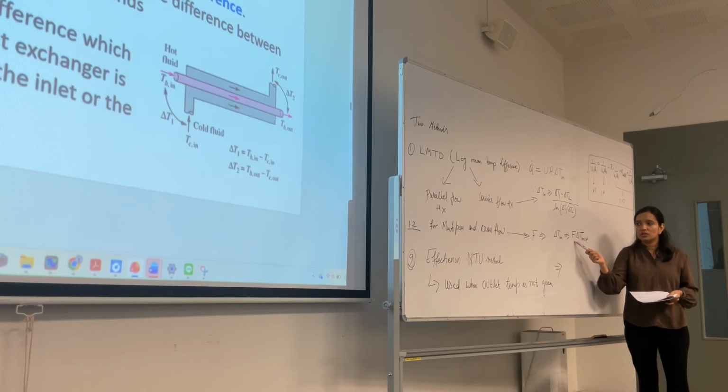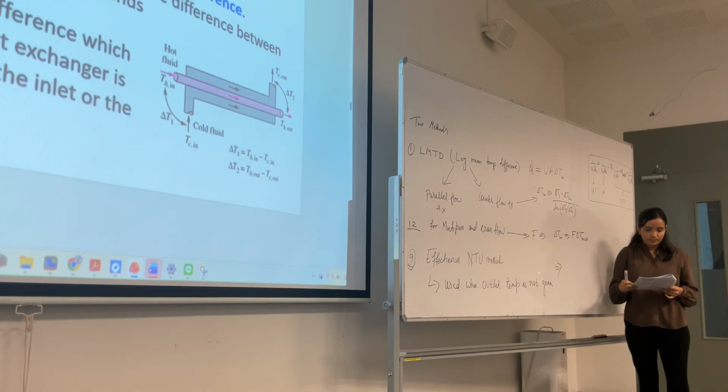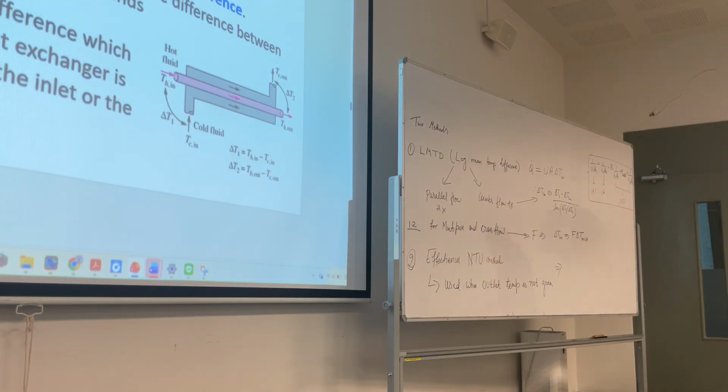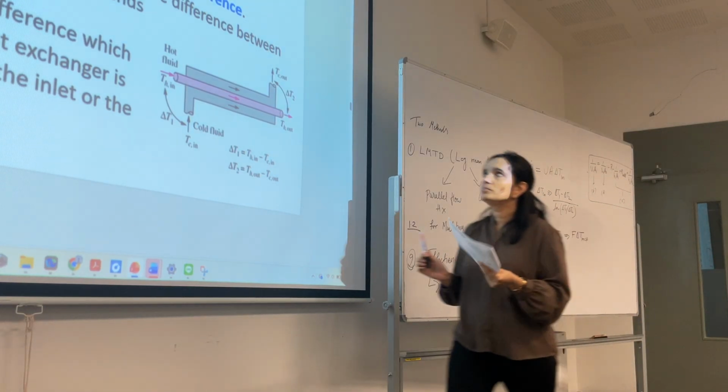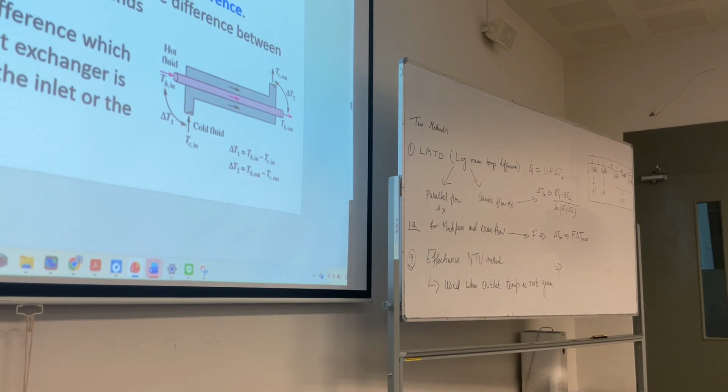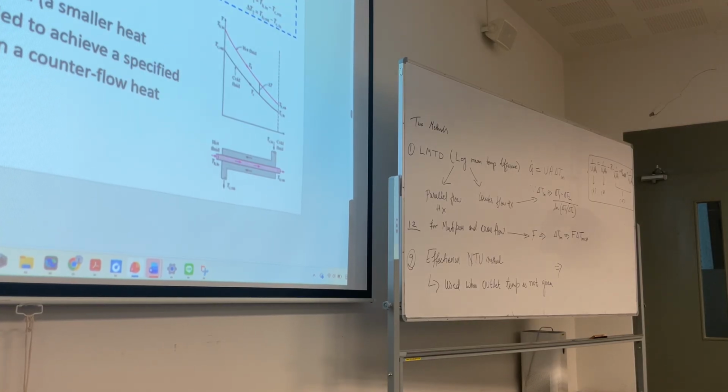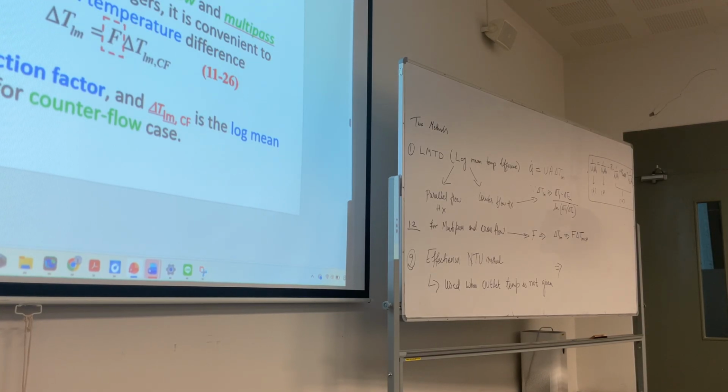There are graphs in the book. This is for your multi-pass and cross flow.